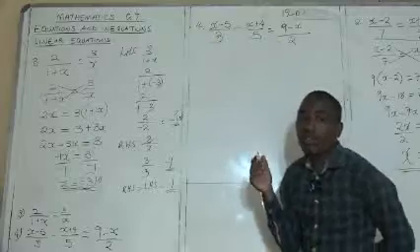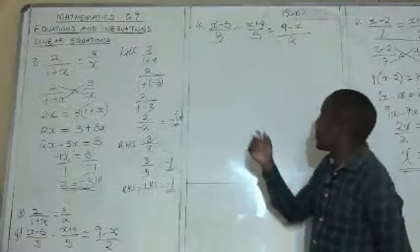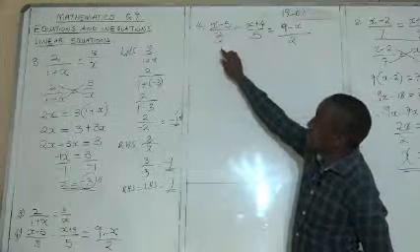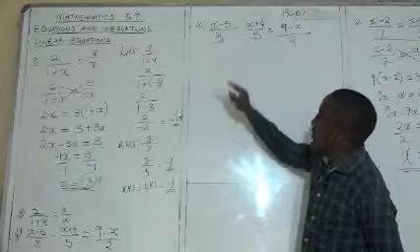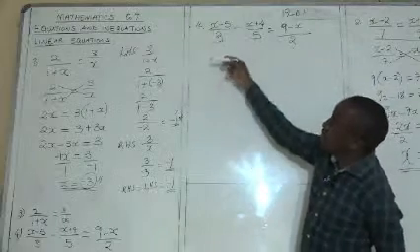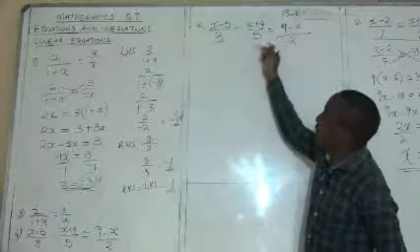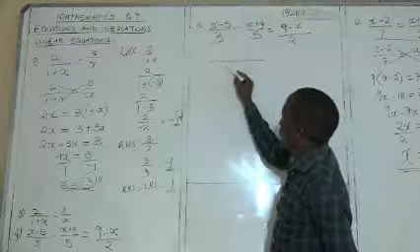So you look for the lowest common multiple, and you should just multiply the two numbers. So 3 times 5 is 15. So the lowest common multiple of 3 and 5 is 15, so we just say over 15.